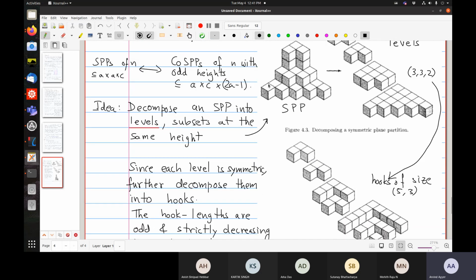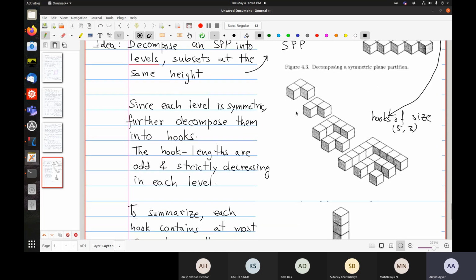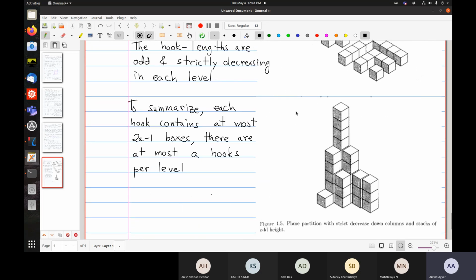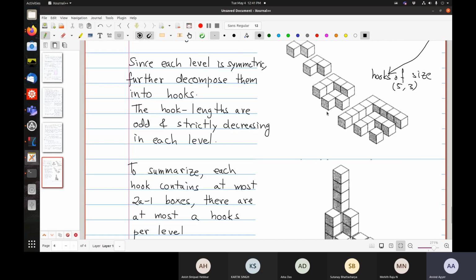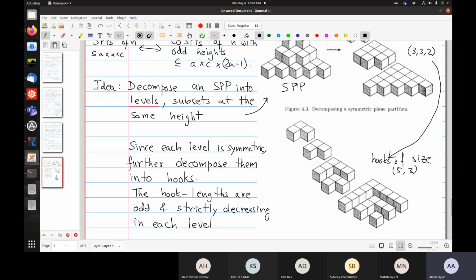Because this is A by A at each level. If you decompose into hooks, the maximum happens if the entire square is full, and then the last cell would be the singleton hook of length 1, which is at position A comma A, in this corner.